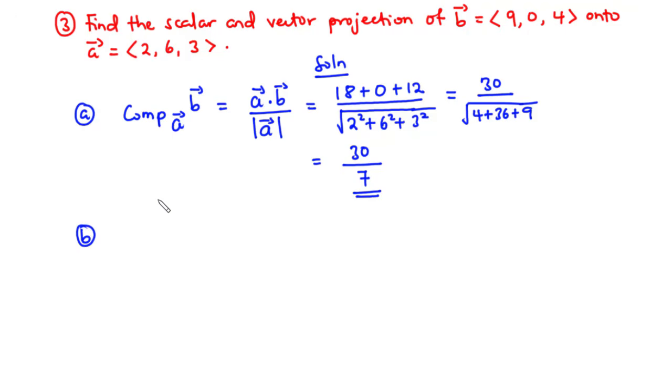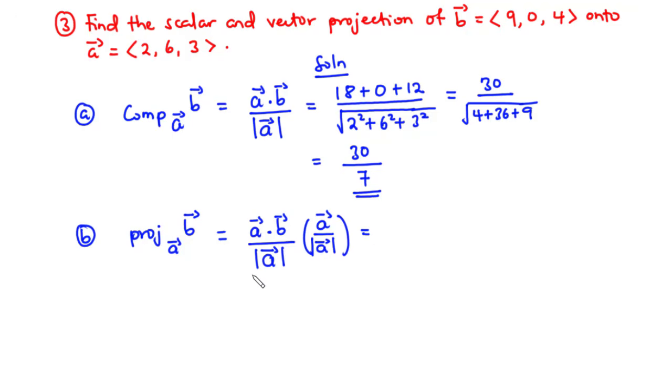Now let's find the vector projection of vector B onto vector A. The vector projection of vector B onto vector A is given as the dot product of vector A and B divided by the magnitude of vector A, times the unit vector directed along vector A. We have the dot product of vector A and B to be 30, so we just insert that here.